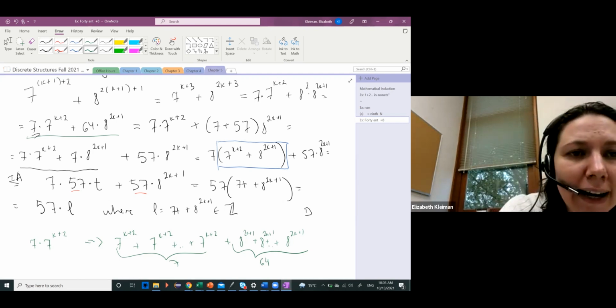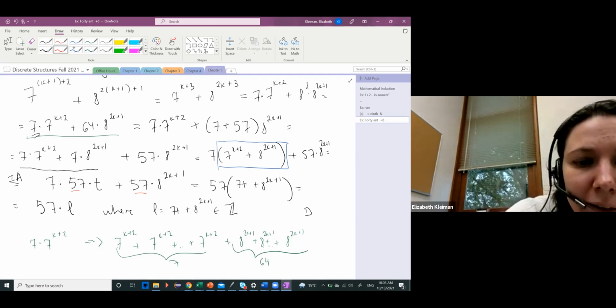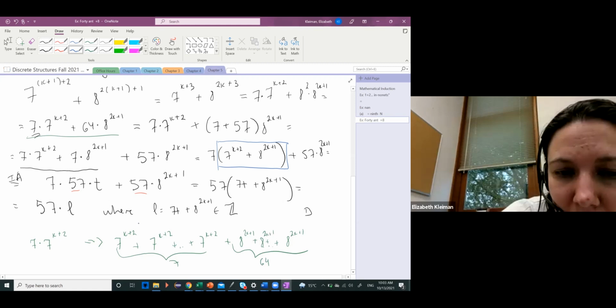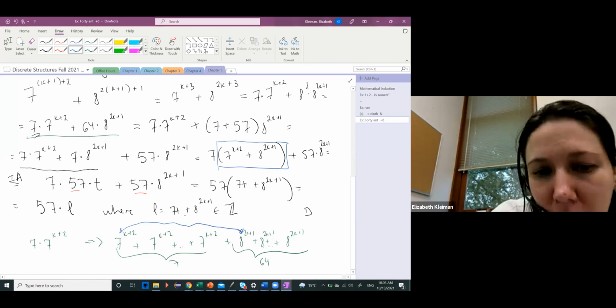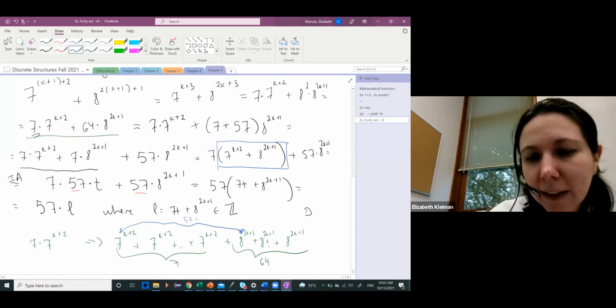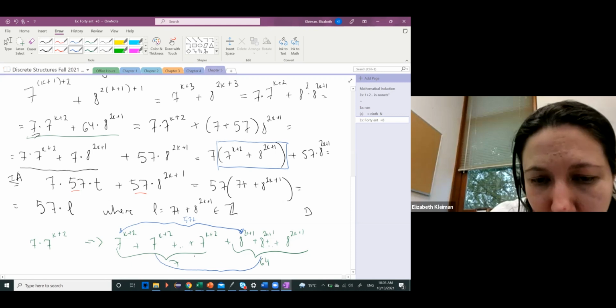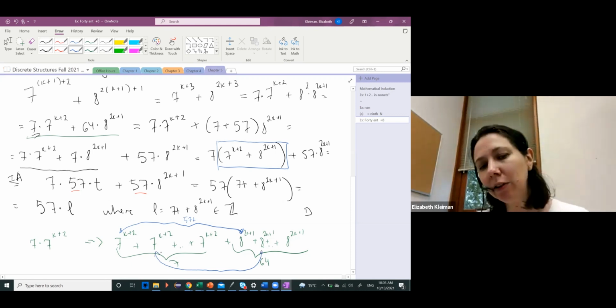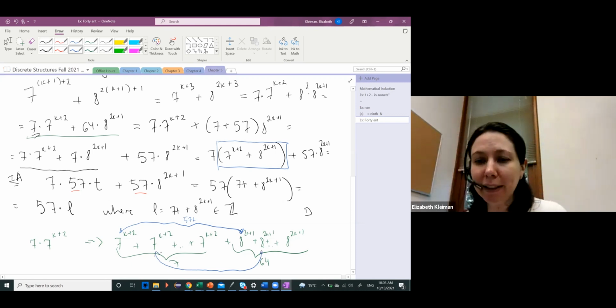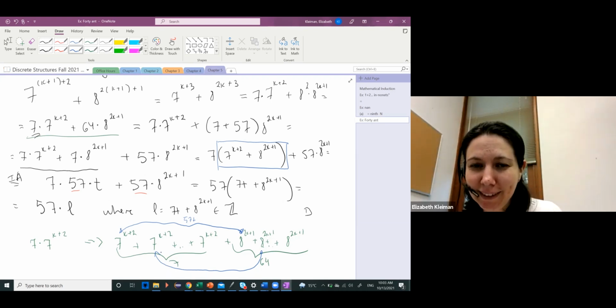Now what I can do is pair them up. I'm going to take this one and pair it together with the first one, and I'm going to put 57 instead of it. Then I'm going to grab the next 2 and so on. I'm going to get 7 pairs like this, correct? Yes? And on each of those pairs, I can use my assumption.